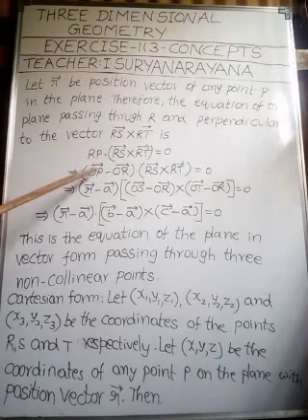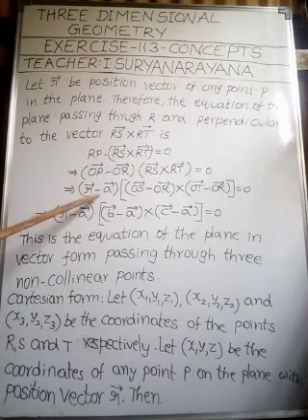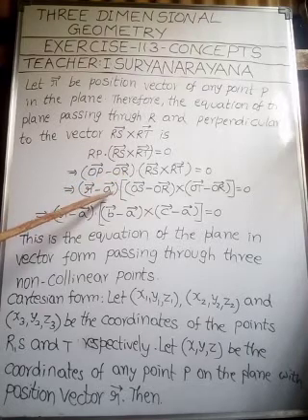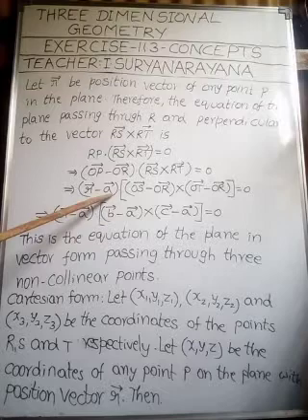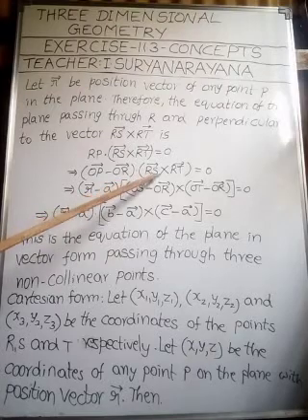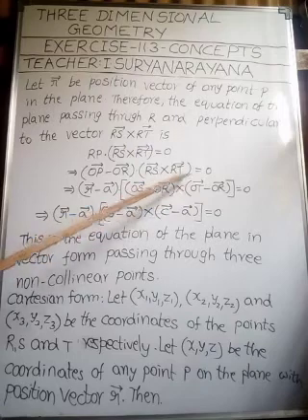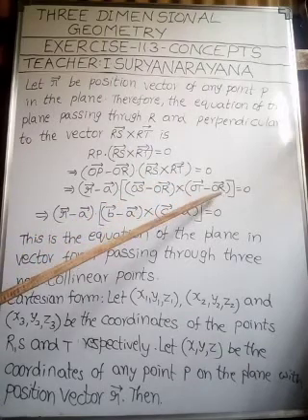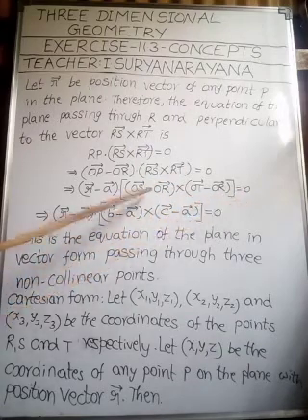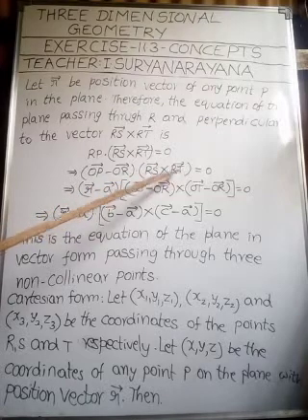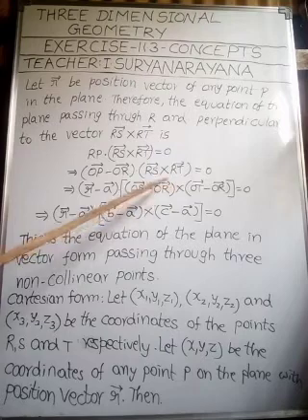Right. This implies OP bar is nothing but R bar, minus OR bar. Position vector of the point R is A bar. Here also RS bar means OS bar minus OR bar, cross RT bar means OT bar minus OR bar, is equal to 0. Understood this statement, children? I wrote this vector and this vector in terms of position vectors of the points.